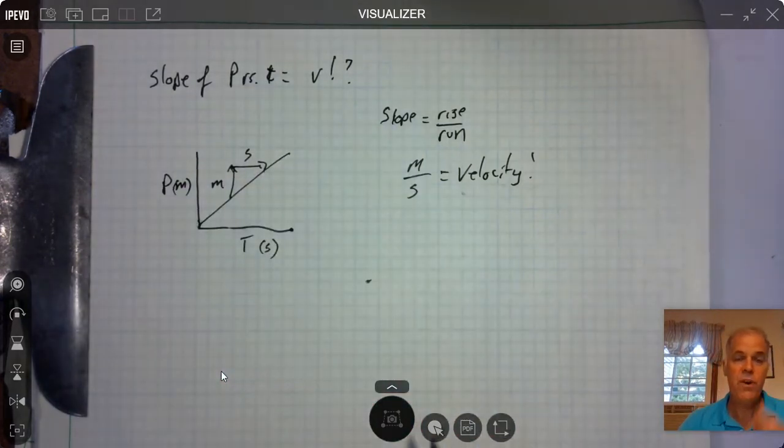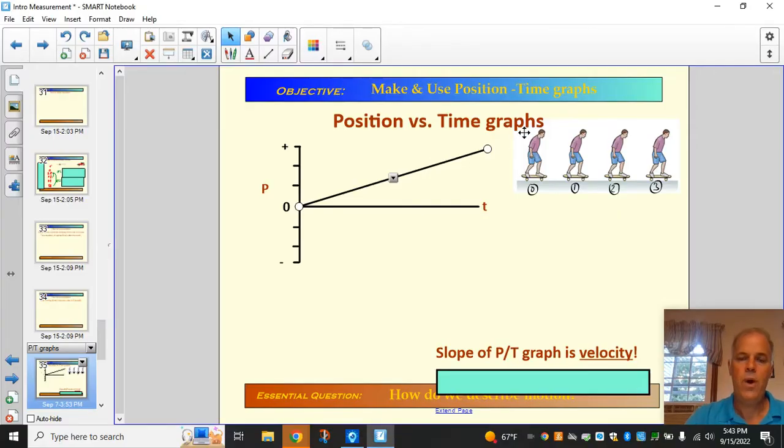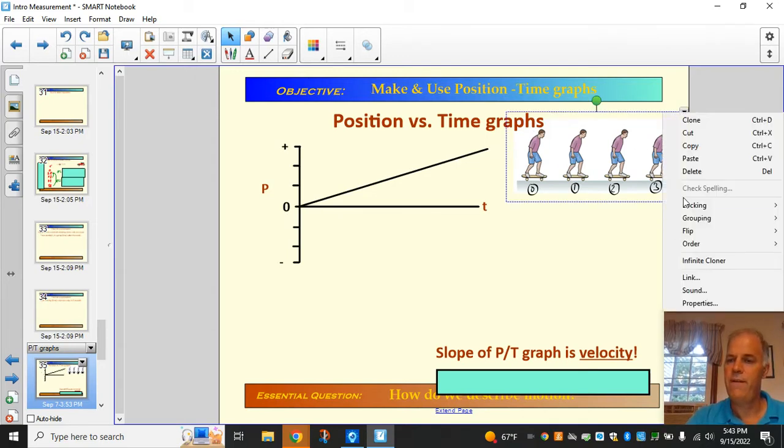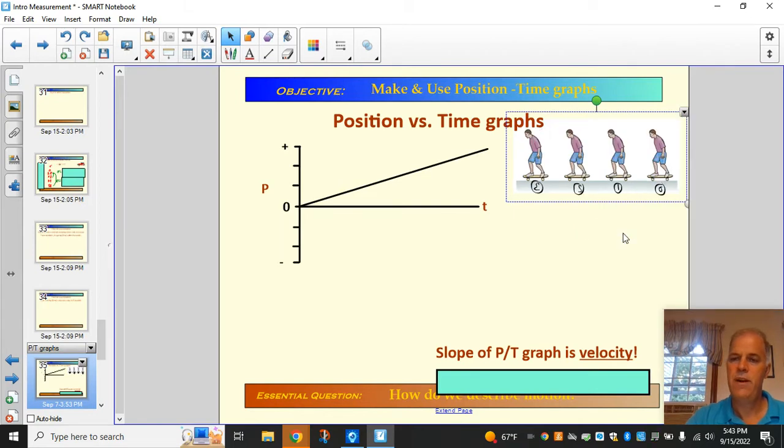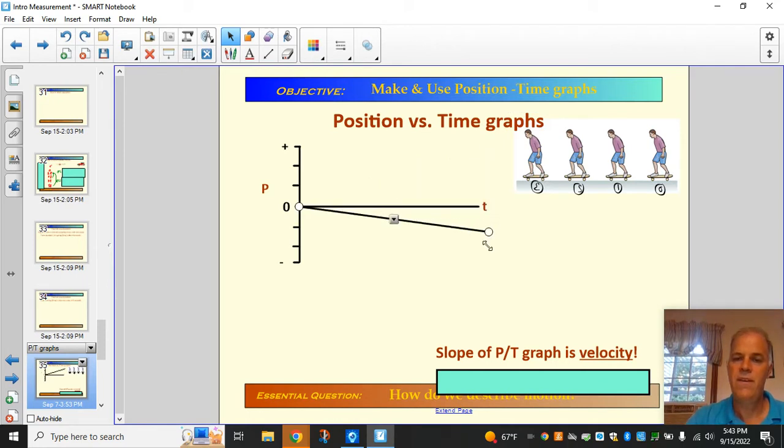Okay? What if we're going backwards? I think I can do it on this one here. Let's do this. We'll just flip this thing around. There we go. He's going backwards. He starts at position 0, and he goes to -3. Now our graph has a negative slope.